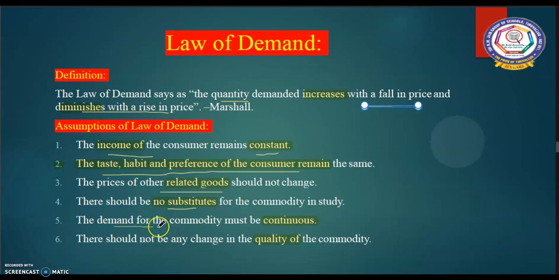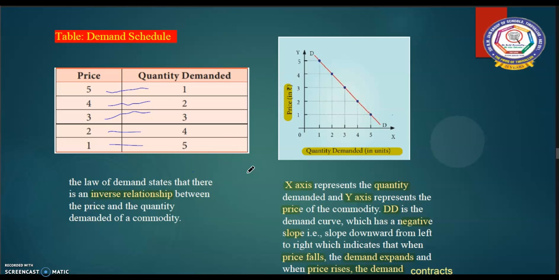Next, the demand for the commodity must be continuous. It is not going to stop. Next, there should not be any change in the quality of the commodity. So, these are all the assumptions of the law of demand.